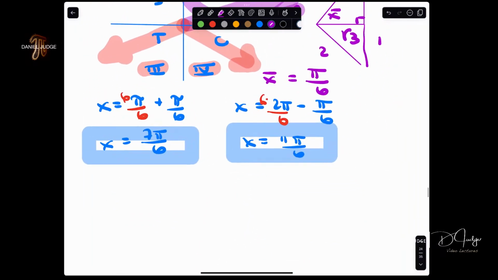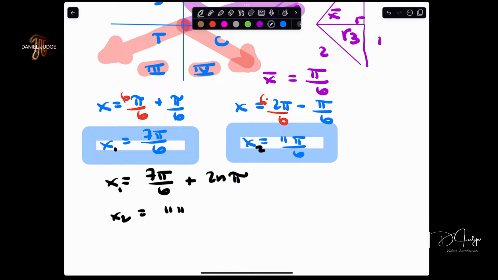So I'm going to kind of do the general solution. This will be plus 2n pi. So if you said, Mr. Judge, I want the real x coordinate value, generally speaking now, because we did not restrict the domain, well, you have the general solution for that first 7 pi over 6. This is like the first solution. Here's your second solution. You take 11 pi over 6 plus 2n pi. N is an integer.